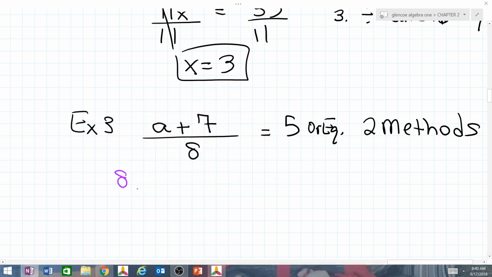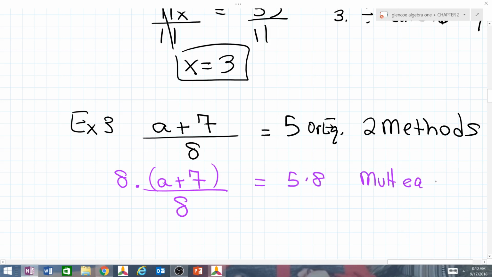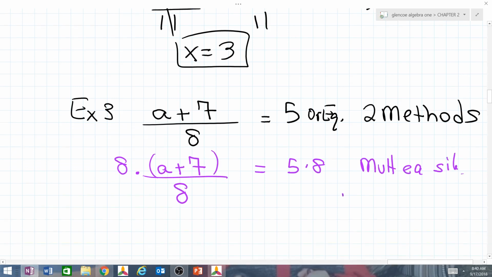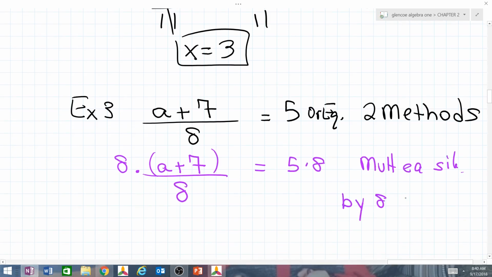So this would become 8 times (a plus 7 over 8) equals 5 times 8. Multiply each side by 8 to eliminate the denominator.